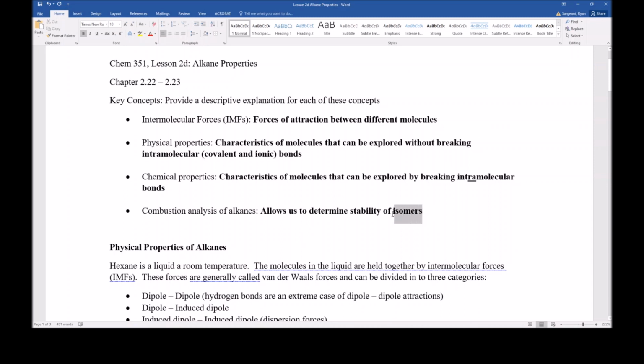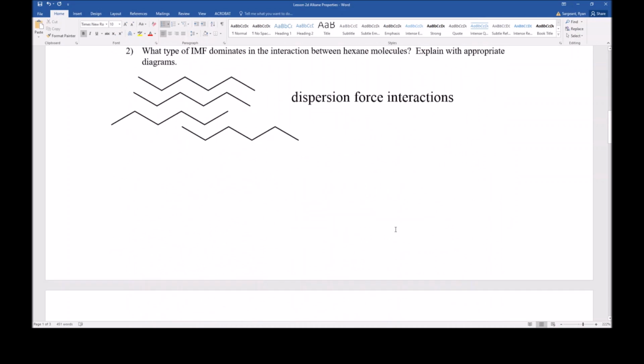You can't just set everything on fire and expect that to be meaningful, but if you carefully burn constitutional isomers and measure the heat that comes off, you can determine which of those isomers is the most stable because it gives off the least amount of energy, and which of those isomers is the least stable because it gives off the most energy when you burn it.